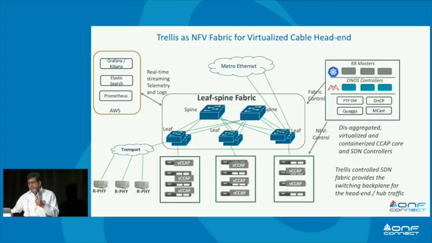So just to set the context of the overall solution, in terms of where it fits into the overall equation, we were essentially having Trellis as the backplane switching fabric for a virtualized cable head end. The overall initiative was about the distributed access architecture, where you're driving more last mile bandwidth in the cable networks.